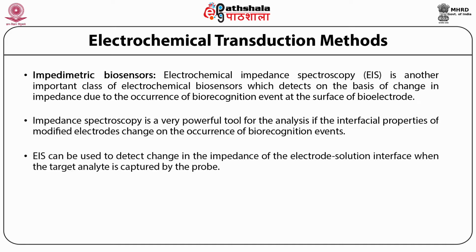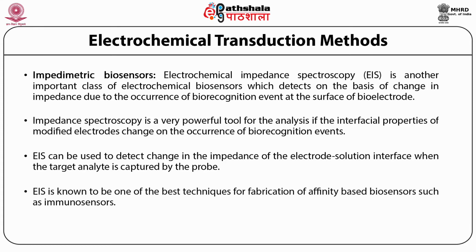EIS can be used to detect change in the impedance of the electrode solution interface when the target analyte is captured by the probe. EIS is known to be one of the best techniques for fabrication of affinity-based biosensors such as immunosensors.